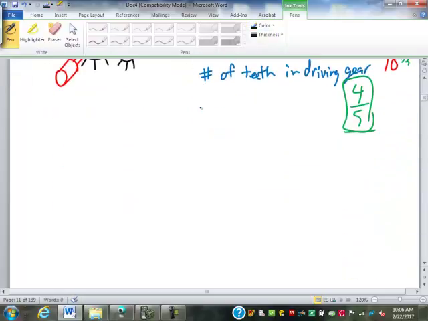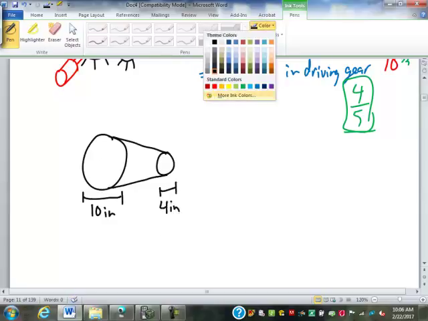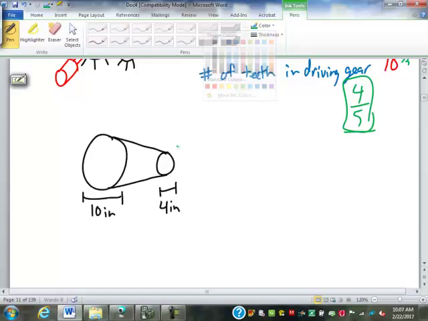Or you could have a pulley ratio. Now pulleys, you can't count teeth, so you go off of the diameters of the pulleys. Again, you have to have a little bit more knowledge of what's going on.